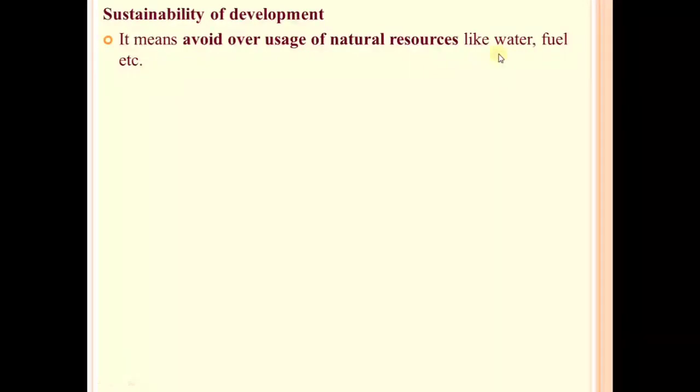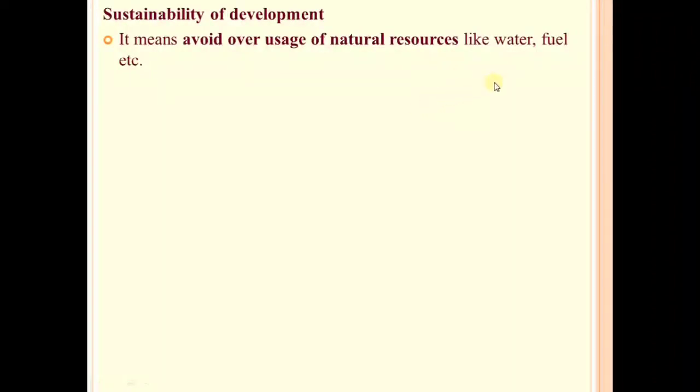Resources like water and fuel should be used properly. If there is improper use, pollution, or damage to the natural environment, then basically our future generation will not be able to have it in a proper form.